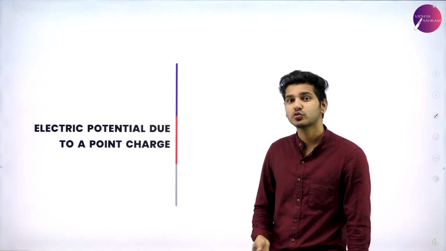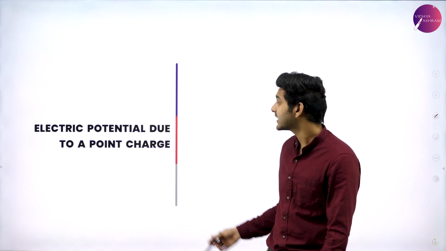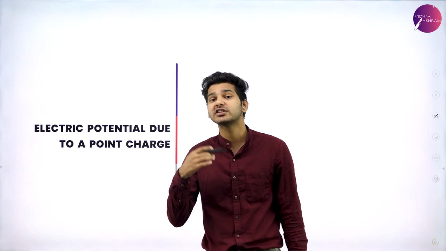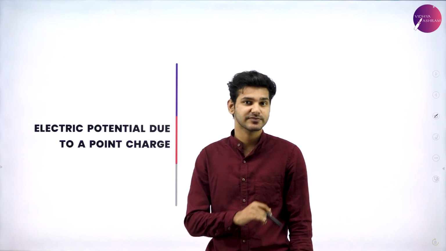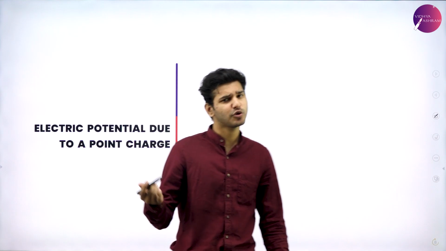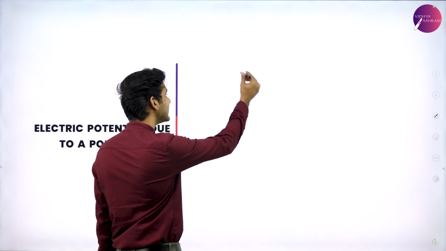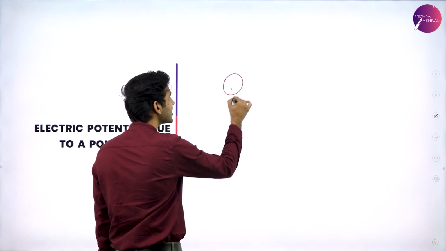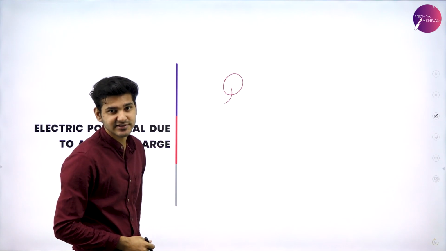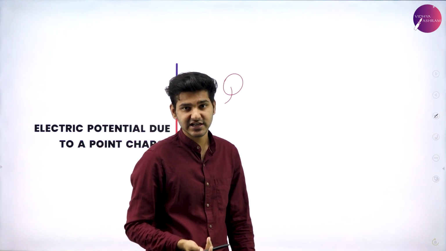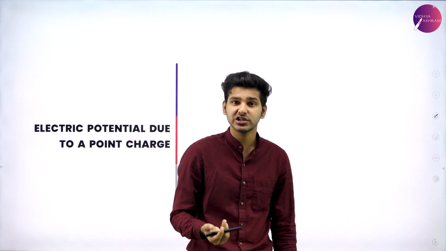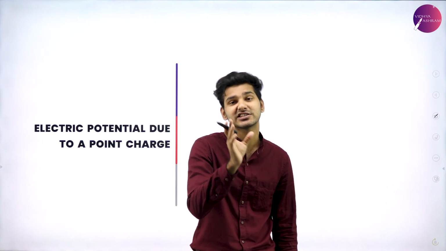And now let us get to what exactly is electrostatic potential and potential energy due to a point charge. So what exactly is a point charge? A point charge is nothing but, let's say we have a charge Q in an empty space. We already know that we don't need any particular energy to keep that charge in space.